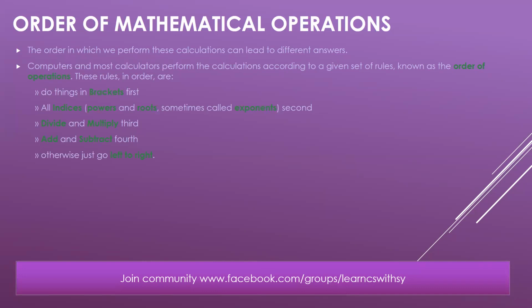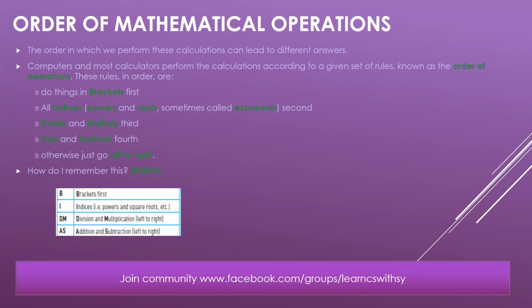Always remember that the movement of operation is always from left to right. How do I remember? If you just take the initials, B for bracket, I for indices, D for divide, M for multiply, A for add, S for subtract, then that makes it BEDMAS, and that is written in this manner. Isn't it easy to remember? Okay, that's wonderful.